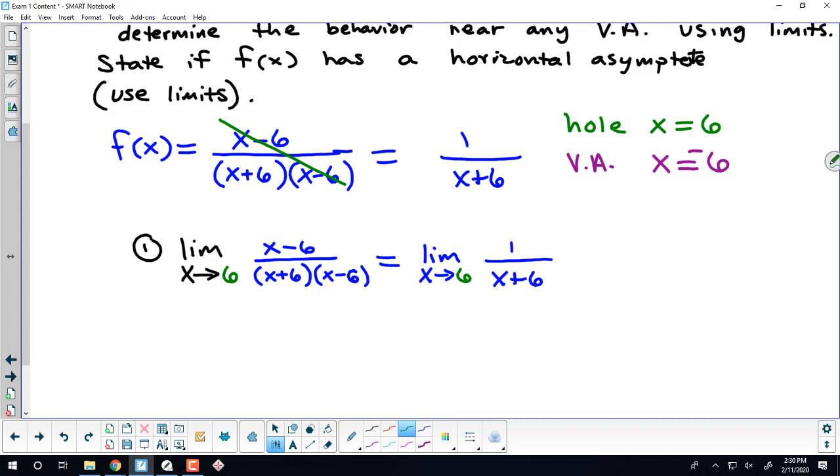So this is for our hole because we identified it at 6. As x approaches 6, the function approaches 1 over 6 plus 6, which is 1 over 12. So that tells us we have a hole or removable discontinuity at (6, 1/12).